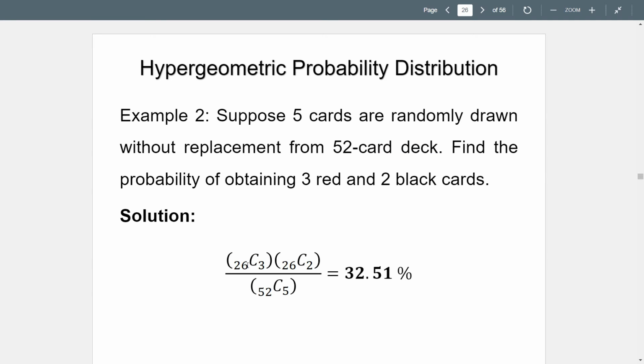For the red, there are 3 obtained cards, so 26C3, and for black you'll have 26C2. The denominator will be the total, with capital N being 52 and small n being 5 cards, so 52C5. You'll have a 32.51% chance of getting 3 red and 2 black cards.